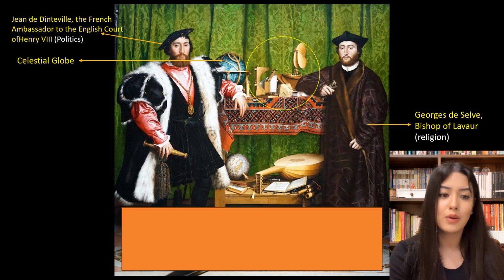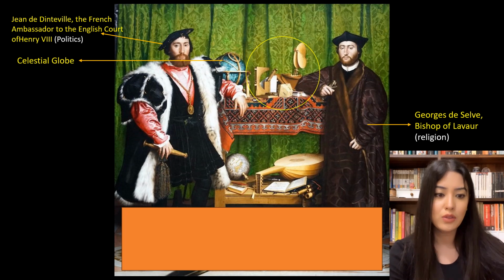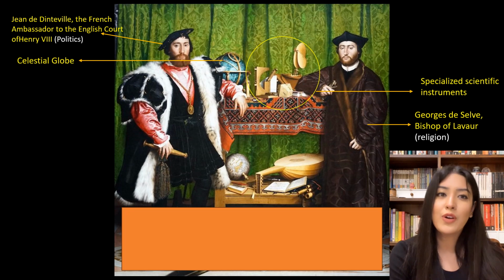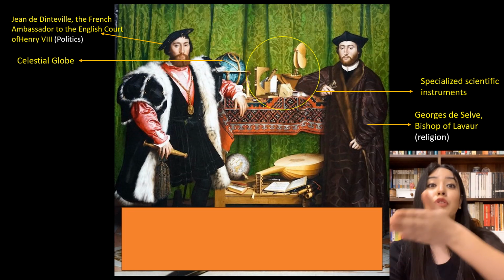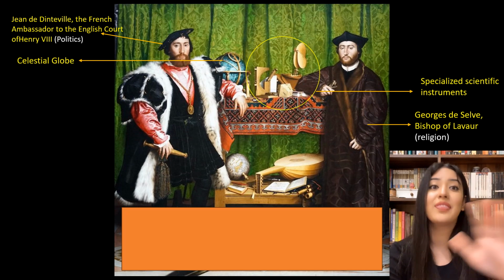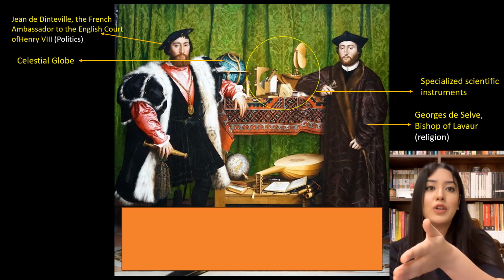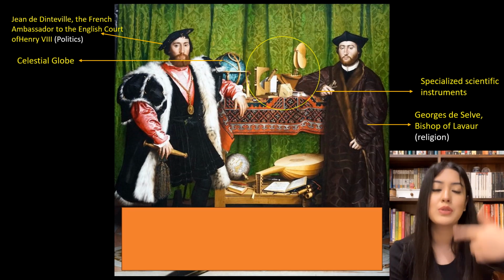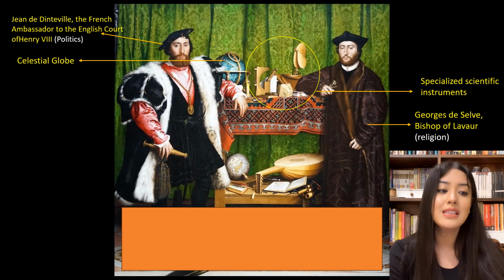Just next to it, the one that seems to be wooden, right? Those instruments over there, just next to it, those are specialized scientific instruments, okay? So, of course, it was a time when science was progressing comparatively. If we compare it to the previous centuries, science was developing at the time. So, these are the specialized scientific instruments of that time, okay?